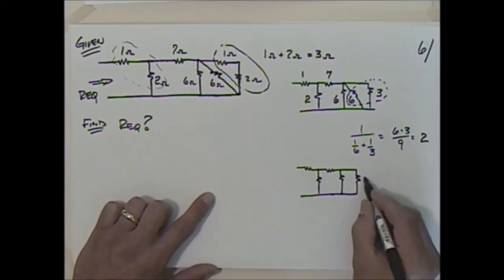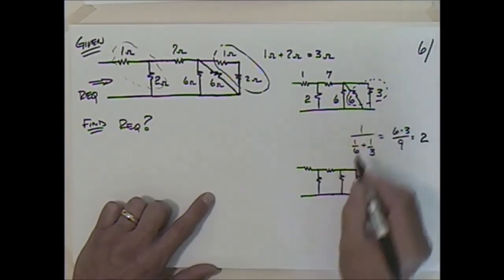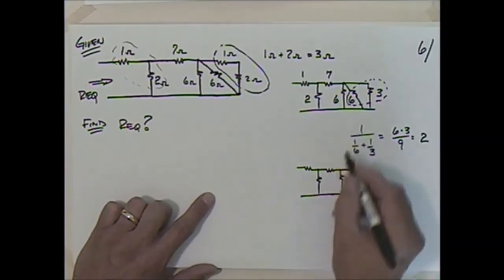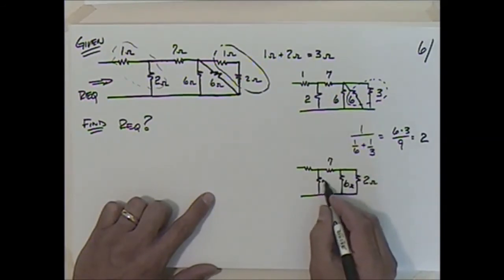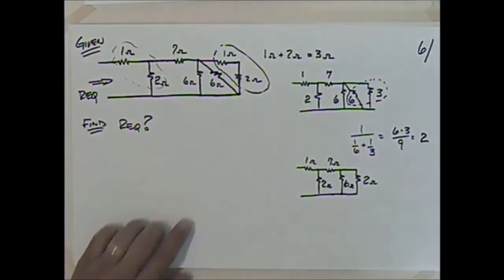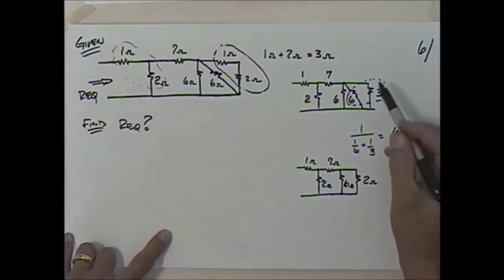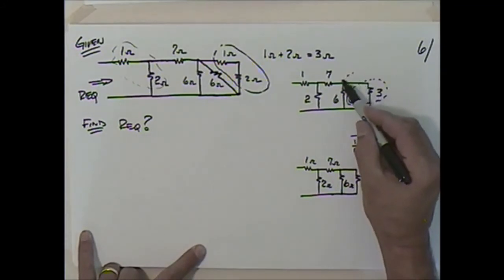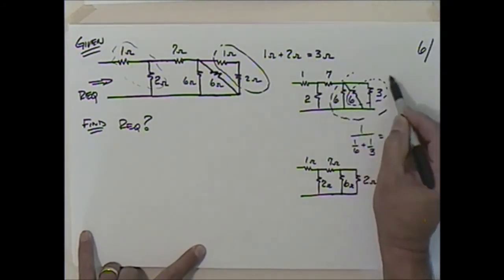So there's that 2 that we just found. There's this 6 that's still remaining. There's the 7. There's the 2. And there's the 1.